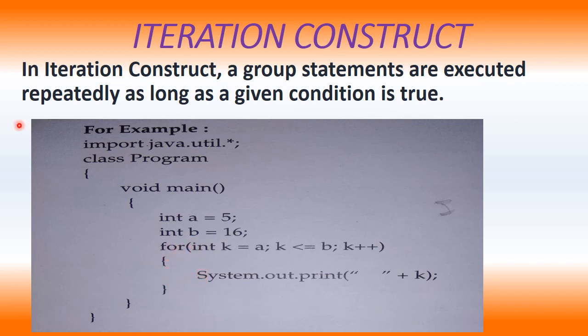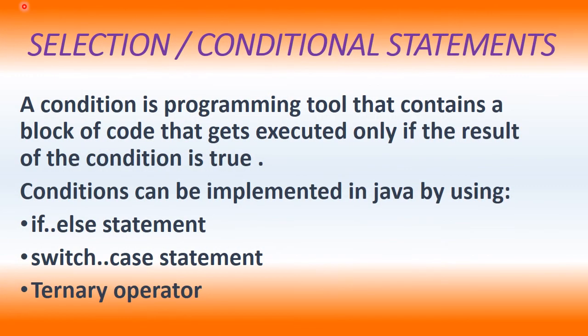So there are a total of 3 types of constructs. First one is the sequence construct, second is the conditional construct, and third one is the iteration construct. In this chapter we have to study the conditional construct. Now, what are the selection or conditional statements?